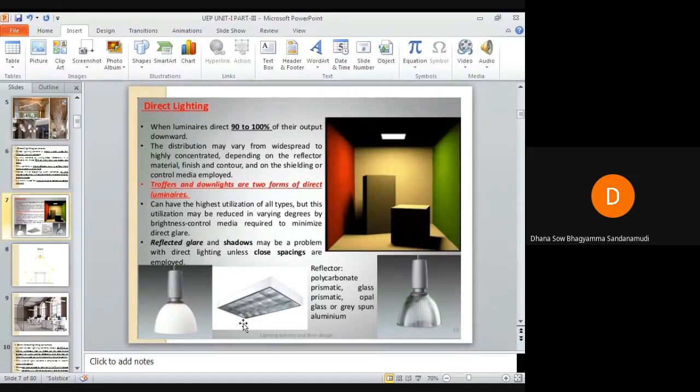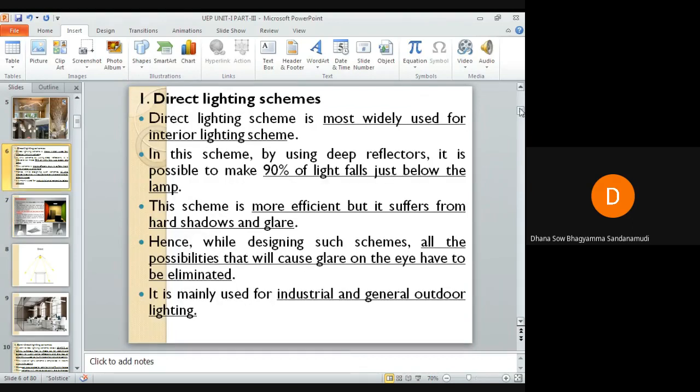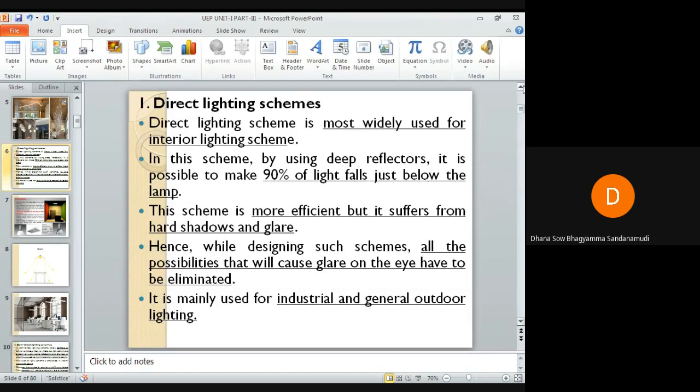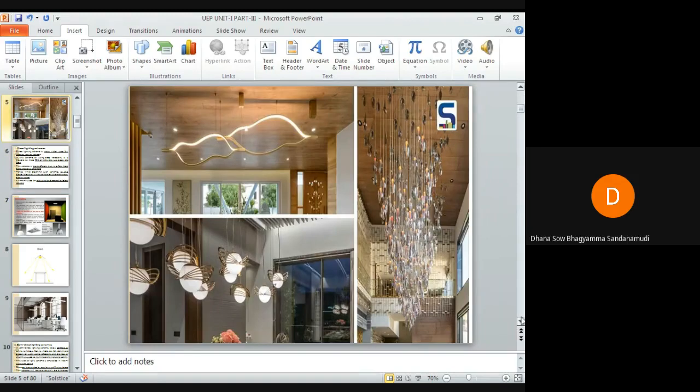In your last class, I discussed the opal glass and the frosted glass. The only drawback is that it causes shadows and glare, and direct lighting can be made more effective by using reflectors.